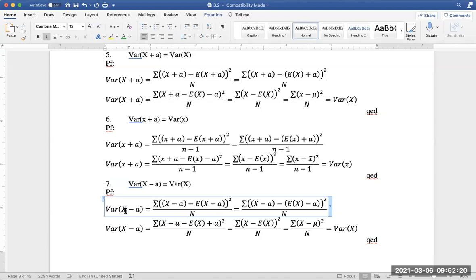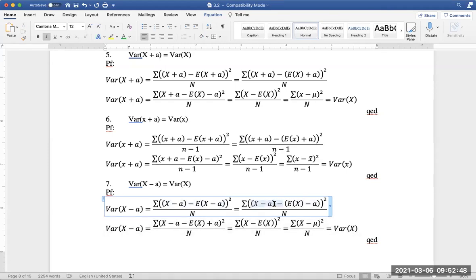So the variance of x minus a is the sum of x minus a minus expected value of x minus a, quantity squared, over n. And so by the properties of the mean from the previous section, the expected value of x minus a is just the expected value of x minus a.